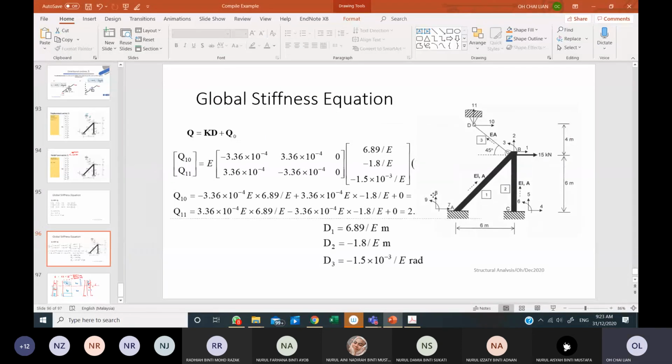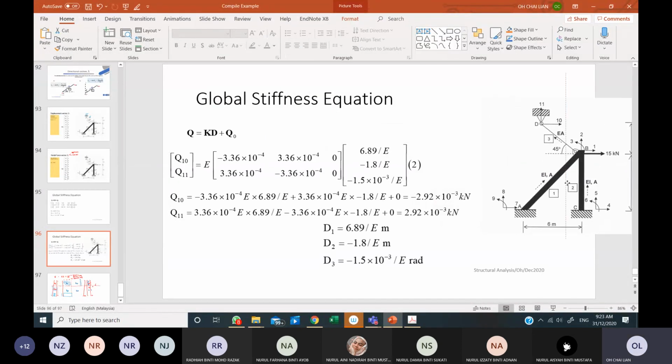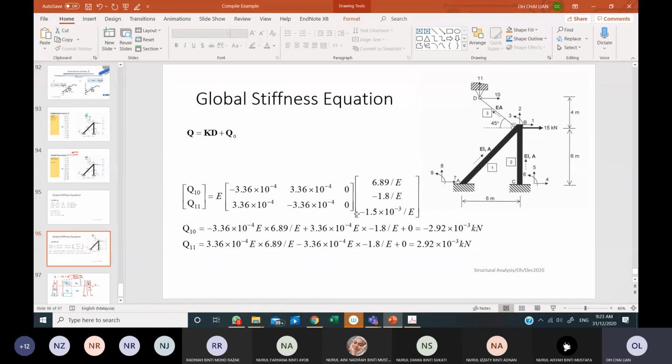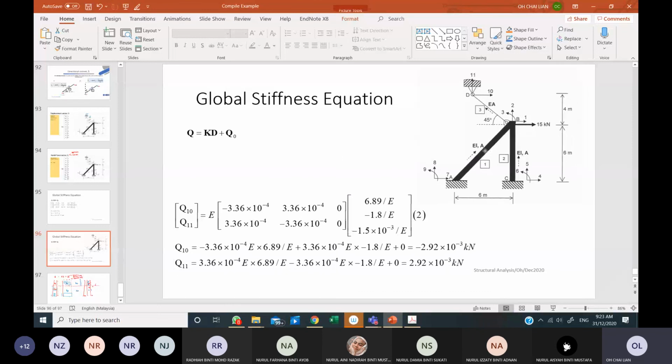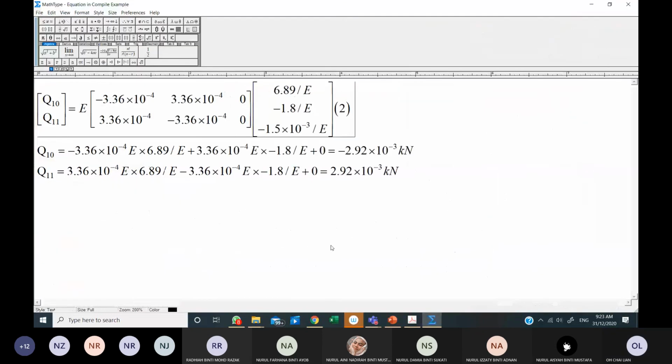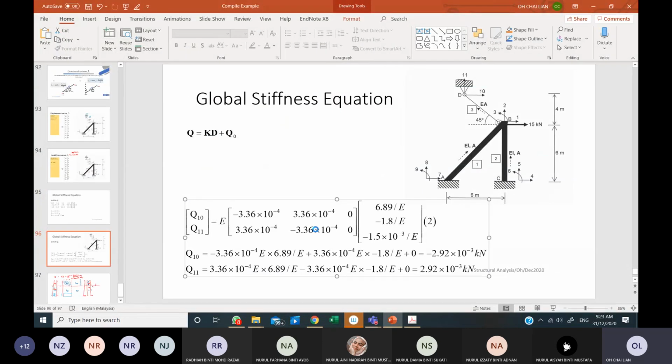So what you have done here is to find the support reactions for Q10 and Q11. This Q10 and Q11 is actually your Dx and Dy. Maybe to make sure you understand that, you can write it here. Sorry, I forgot. Dx.